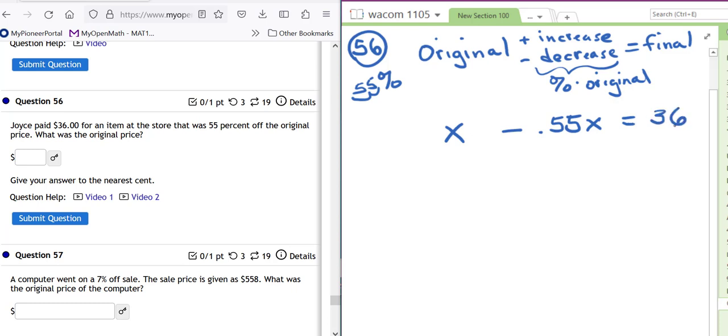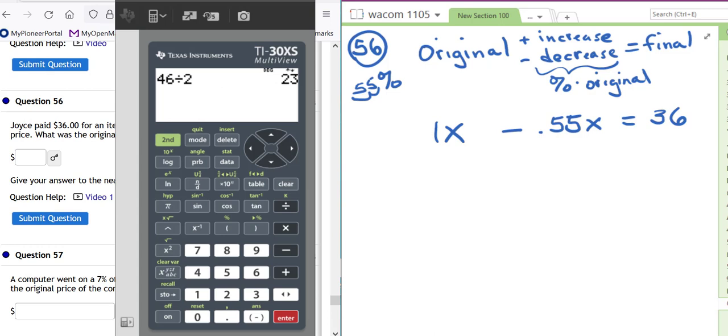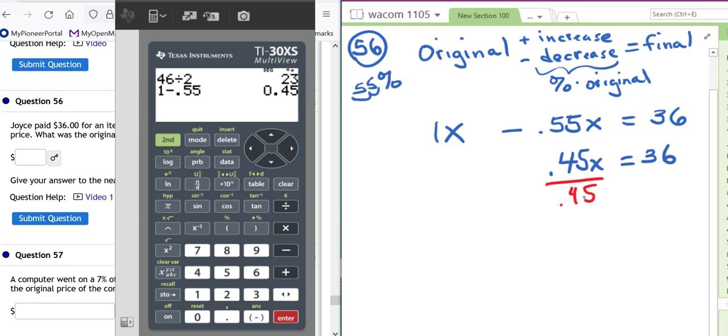So that's your setup. This coefficient's a 1, so 1 minus 0.55, just do it in your calculator. 1 minus 0.55 equals 0.45. Equals 36, and then you'll divide. I would also use the calculator for that.